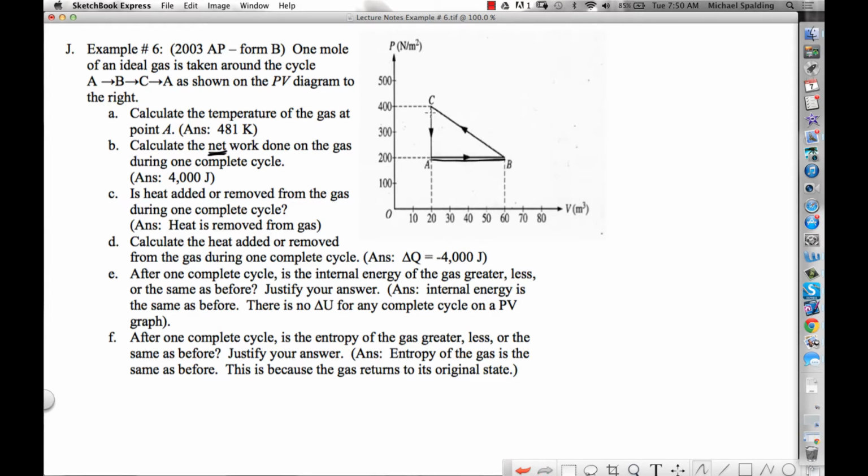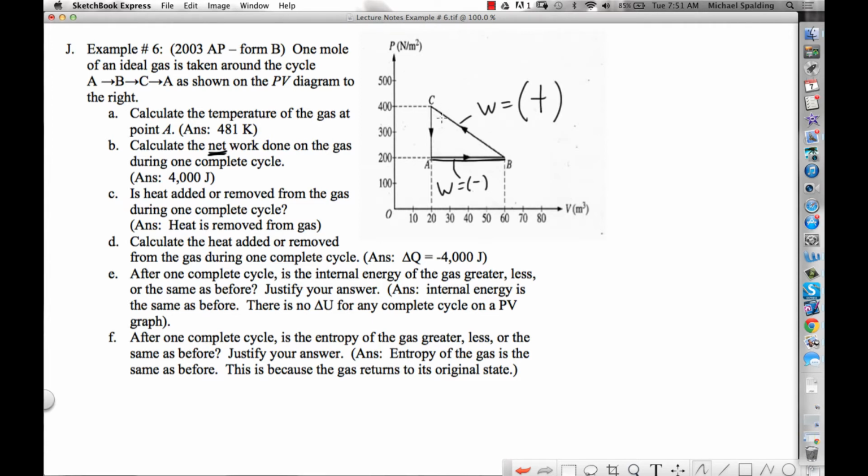Which one's doing more work? So the work from A to B, is it plus or minus? It's minus. I'm going to make that small. And then the work from B to C is bigger. How do I know the work from B to C is bigger?